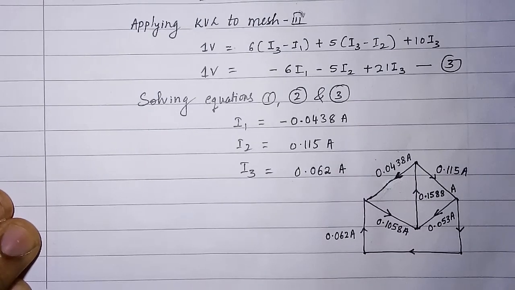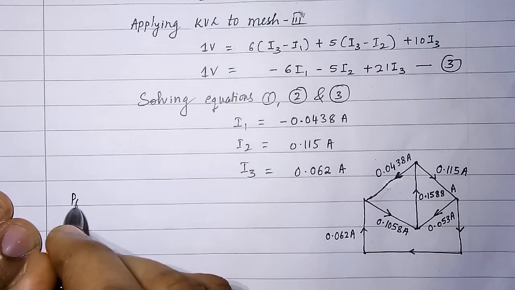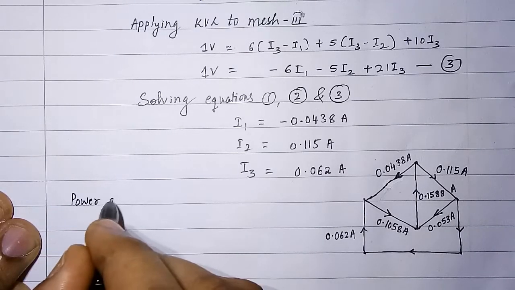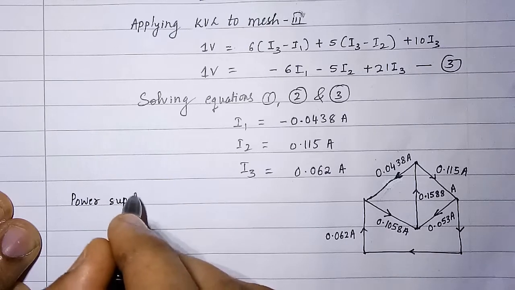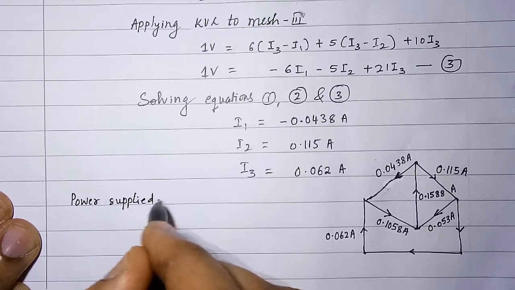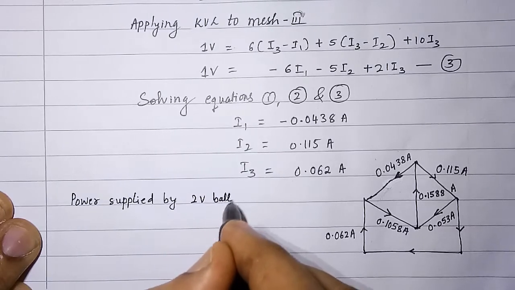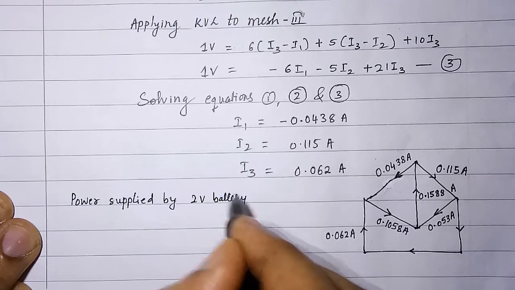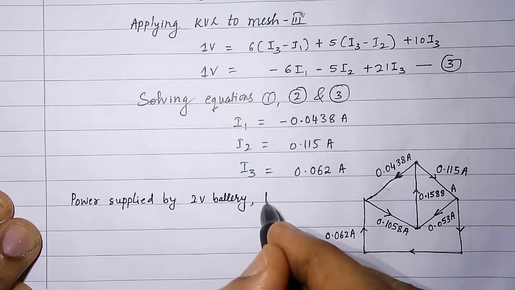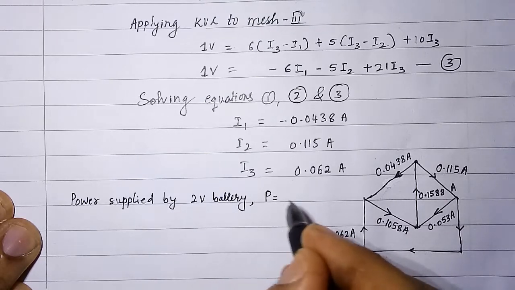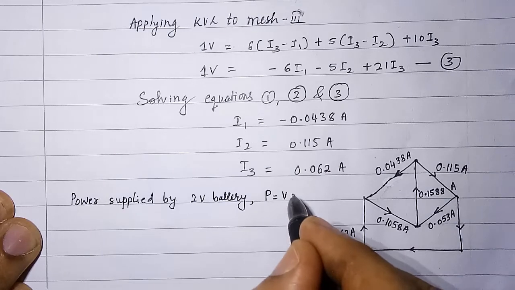Next, we have to calculate power supplied by batteries. Power supplied by 2 volt battery. Using power equal to voltage into current.